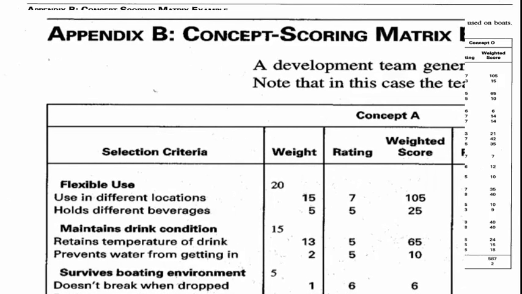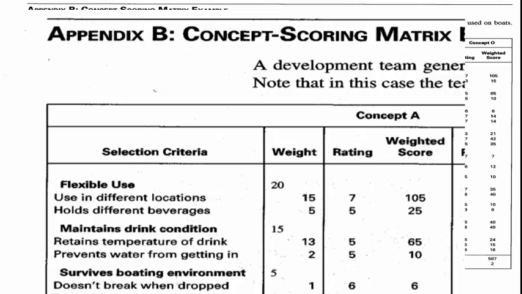So you see the weights are, for example, the first criterion is flexible use. It's been divided into 2 pieces, 2 sub-criteria, used in different locations and holds different beverages. So they've taken the weight of 20, which is flexible use, and divided it between different locations, which got 15 of the points, and holds different beverages, has 5 points.